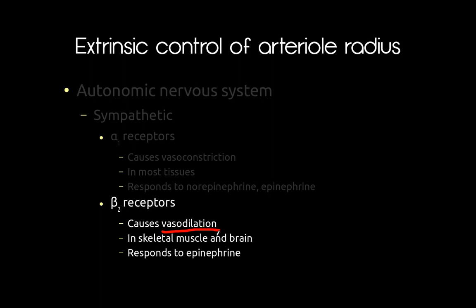You want increased blood flow in places that are going to need it, particularly places like skeletal muscle and in your brain. And so we need to cause vasodilation, the exact opposite, in those places to increase blood flow to those tissues that are going to need to be active and have a high metabolic rate in response to whatever it is that's freaking you out that you might need to run away from.